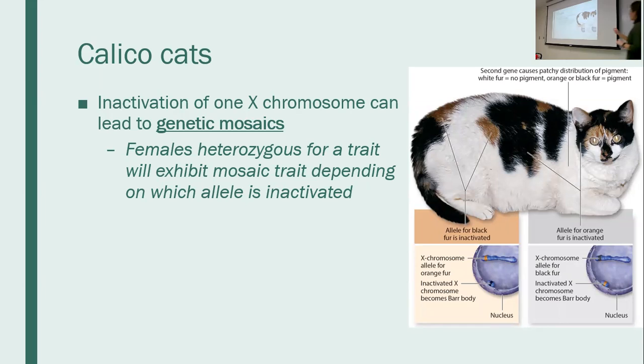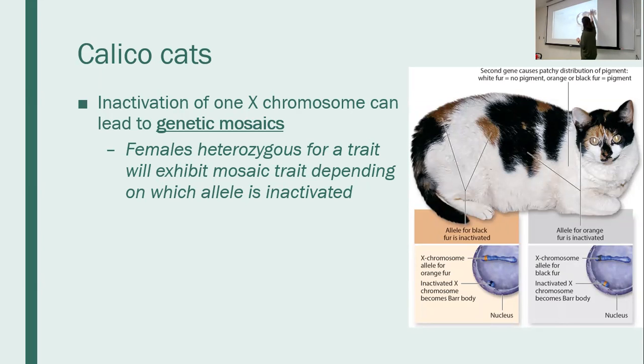So wherever this cat is brown, the allele for black fur was deactivated as the bar body. Wherever the cat is black, the orange fur allele X chromosome was deactivated. That's how you get a calico cat, right?